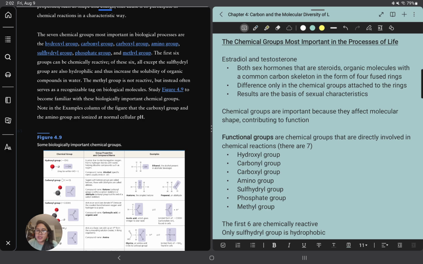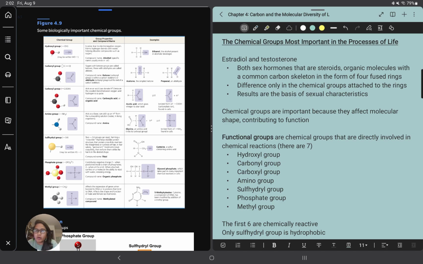The methyl group is not reactive, but instead often serves as a recognizable tag on biological molecules. Study figure 4.9 to become familiar with these biologically important chemical groups. Note in the examples column of the figure that the carboxyl group and the amino group are ionized at a normal cellular pH.